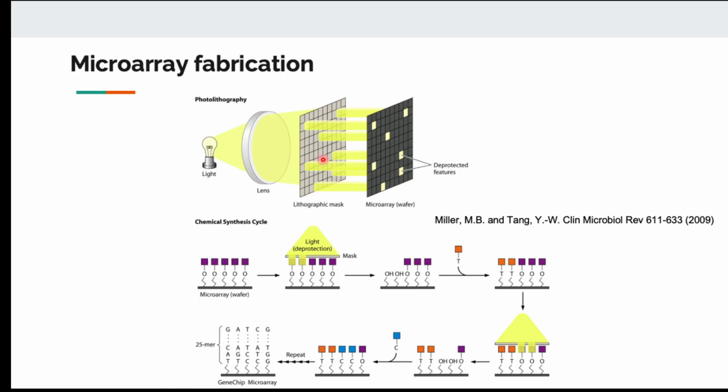If we create a mask like this, then we can control the polymerization reaction at specific locations and construct a specific oligomer that way.